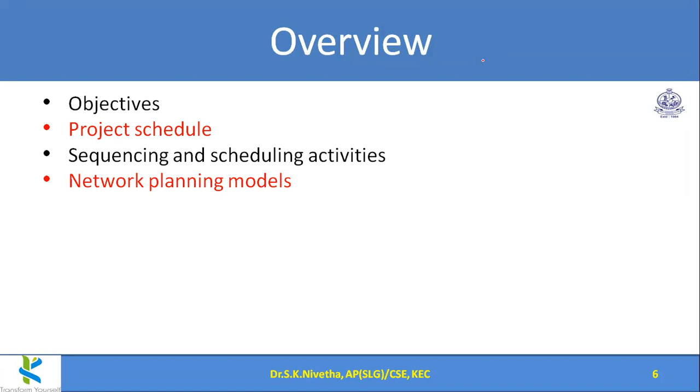To do the sequencing and scheduling, we need to have a diagrammatic representation so that we can track clearly what is happening, what is going to happen in the project. Even if we think of a civil project, a building construction, we need a blueprint to visualize what will be coming as an outcome.